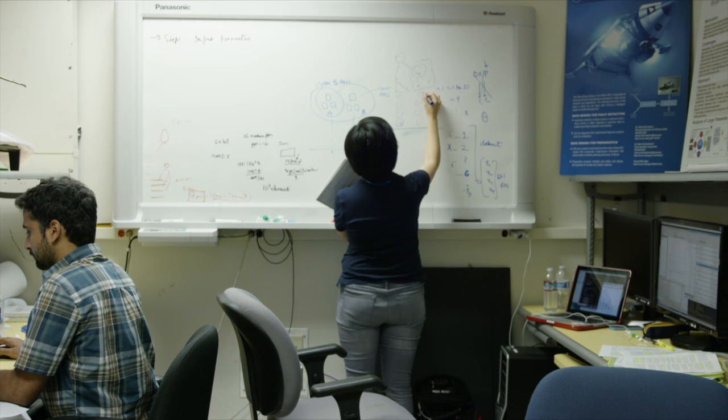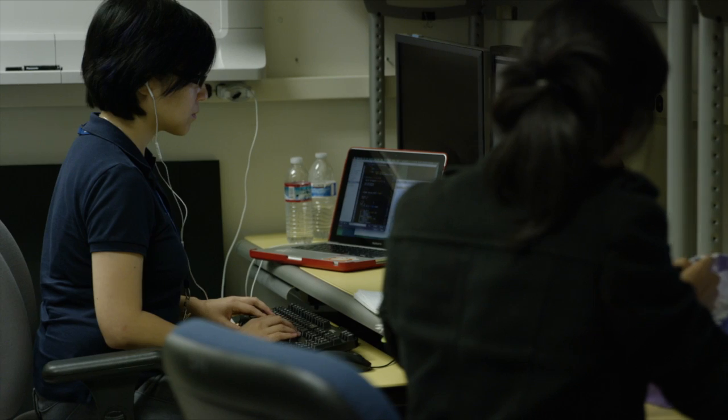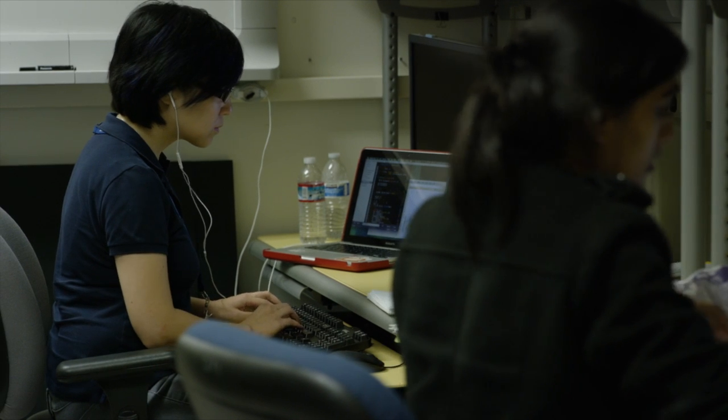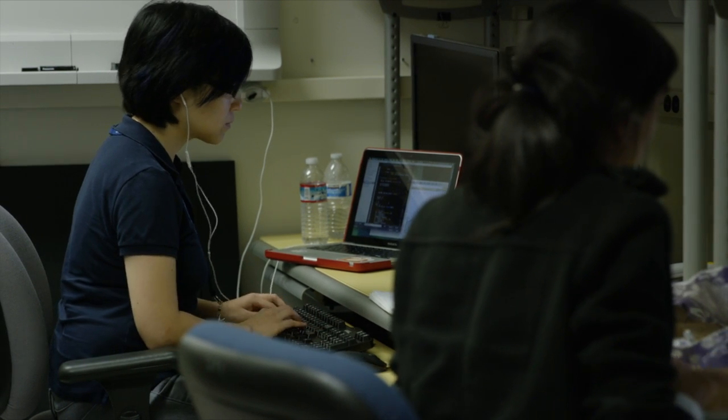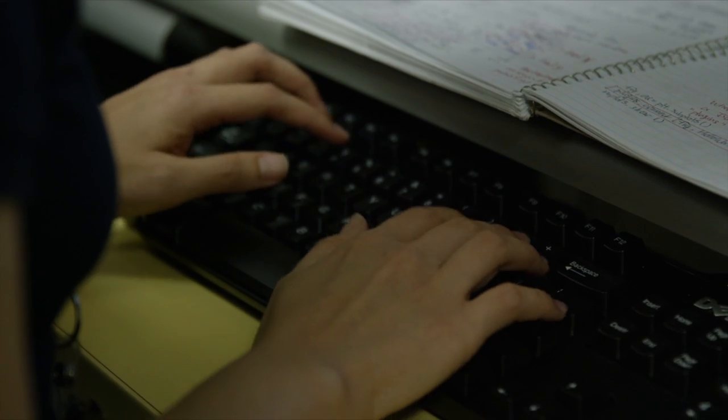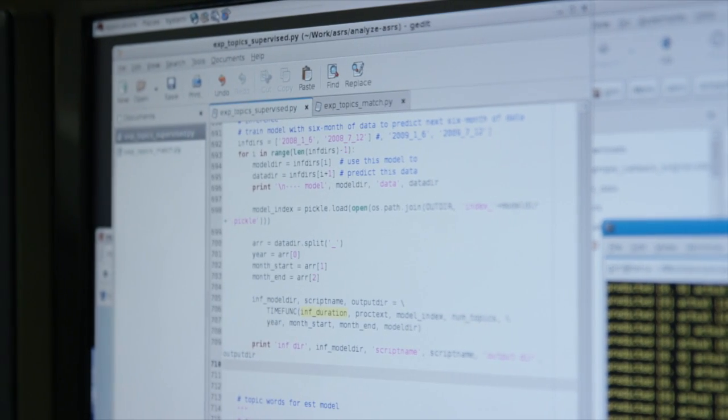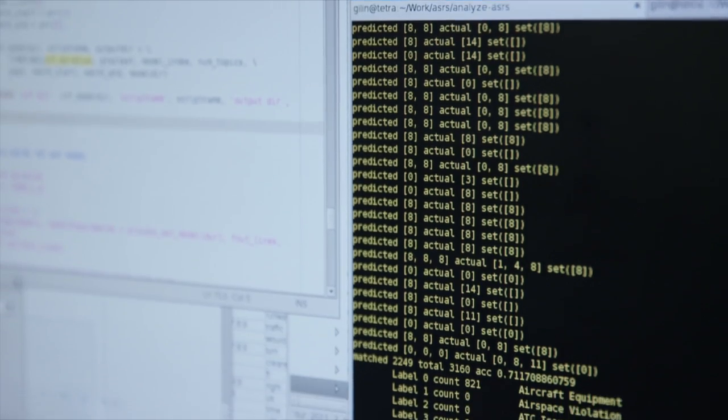To overcome the challenges, we search the literature for similar research problems, and we apply the relevant techniques to our data and see how that works out. We also use established natural language processing tools to help us process the text and to help disambiguate some of the language problems we have.